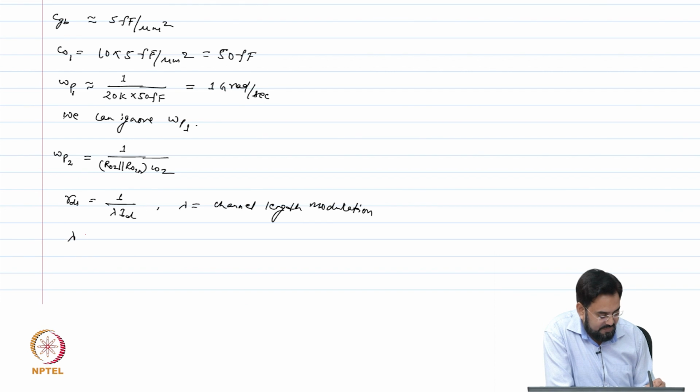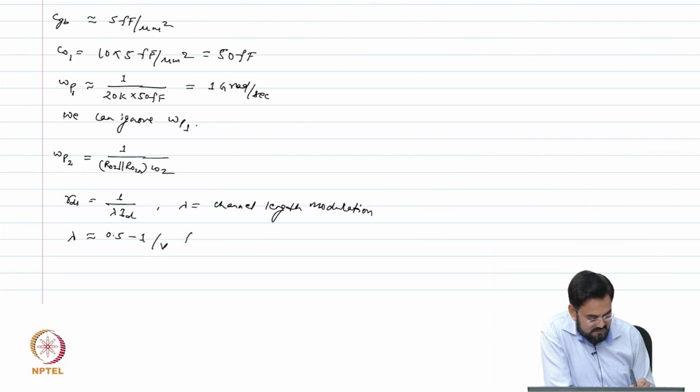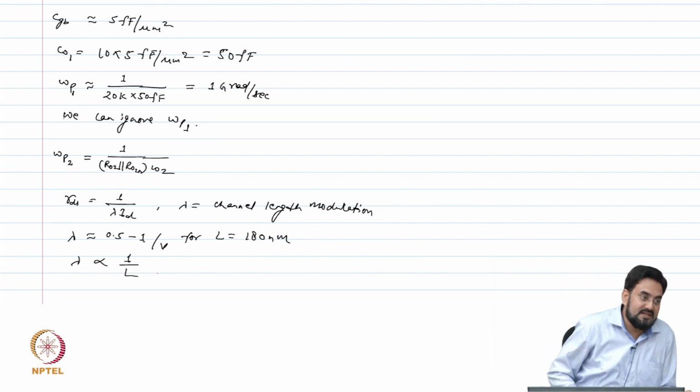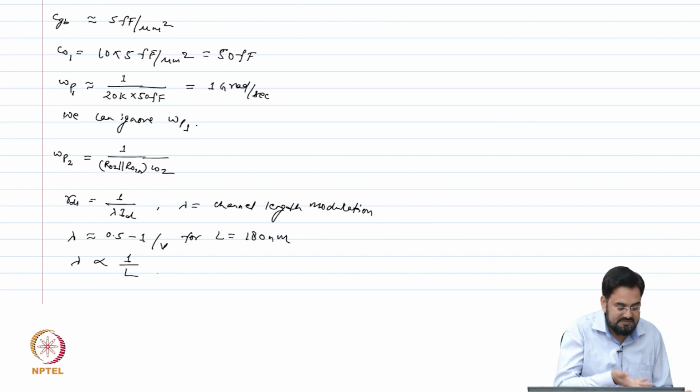And lambda is approximately I think 0.5 to 1 per volt for L equal to 180 nanometer, and lambda is inversely proportional to L. If you make a larger L, it will reduce. So, make it 10 times, then lambda will go maybe 1/10 of what you are considering.